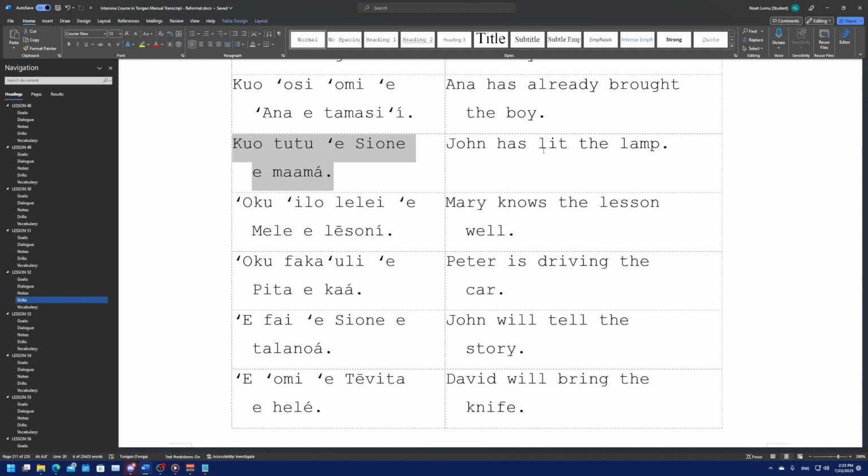So it's not used for electricity. I can't remember what electricity is. I'm pretty confident it is used like that. I'm sure someone's used it like that. Kuo tutu e sione e māma.